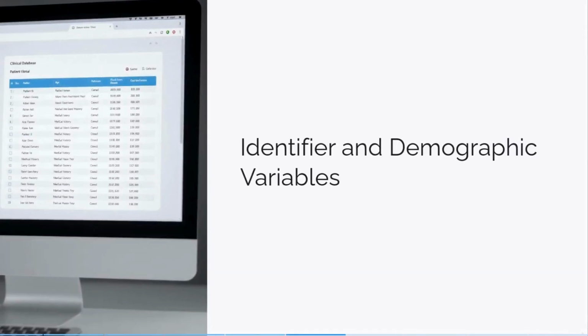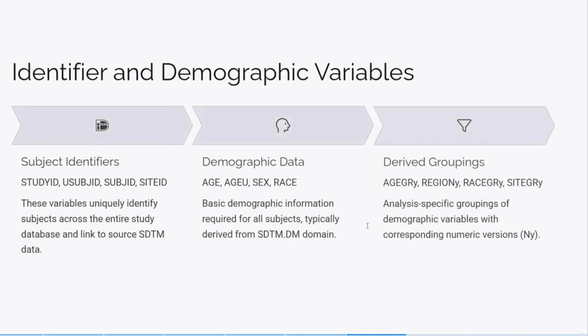Next we continue with the identifiers and demographic variables. ADSL contains all needed demographic variables for a subject in one place, which negates the need for random datasets to be set up. If you check the identifiers, they allow further information about the site and subject to be collected.